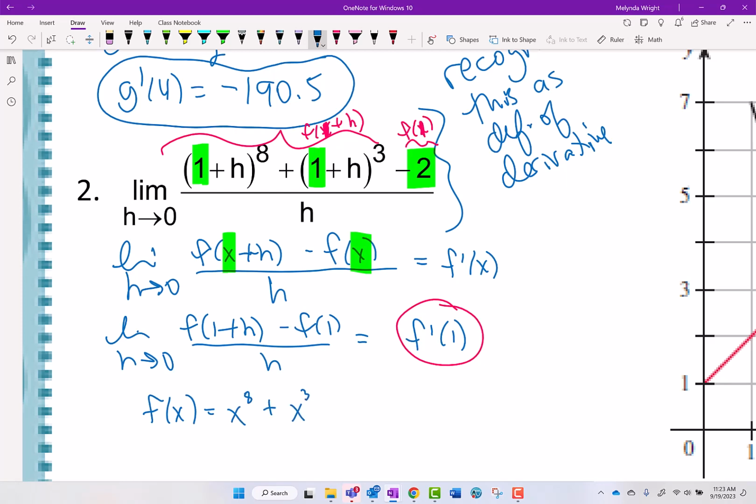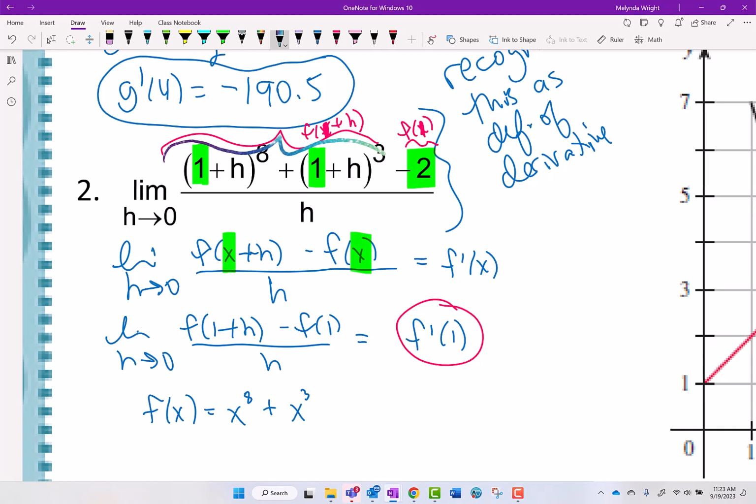Now I'm going to pause there for a second. How do I know that f of x, how do I know what the function is? Well, I look up there at the limit, and I see this part right here that we're talking about. That part has the 1 plus h in it.